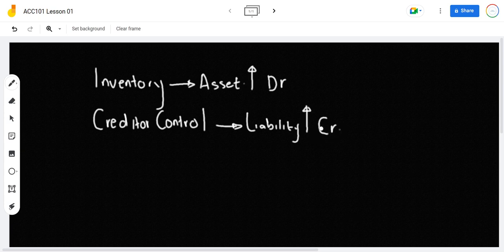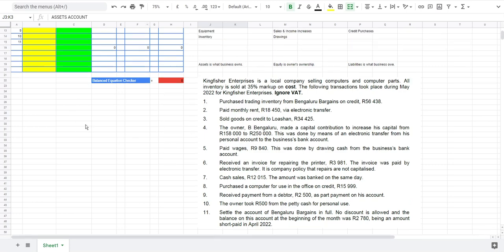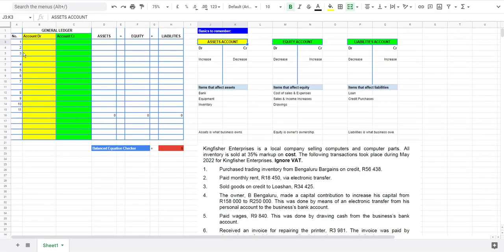The amount is given, so we're going to go to our table there on the yellow side. That's where we write inventory, because that's an asset increasing on the debit side. And in the green box, we're going to write creditors control.